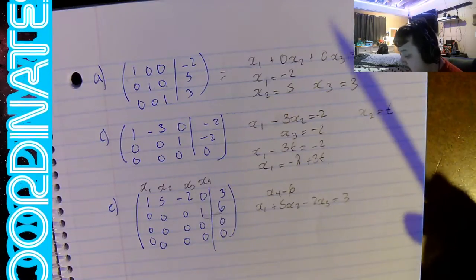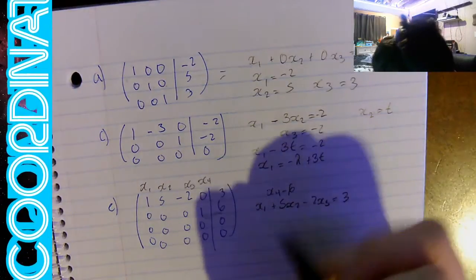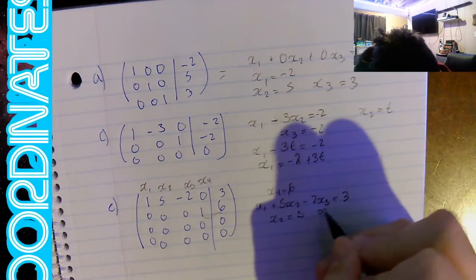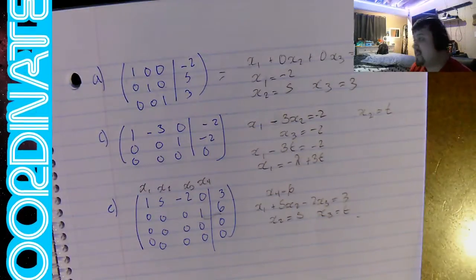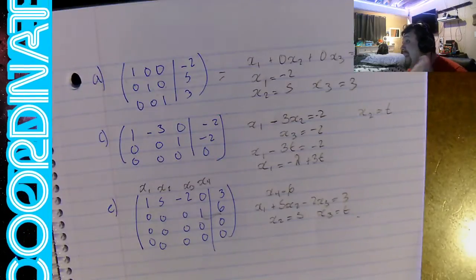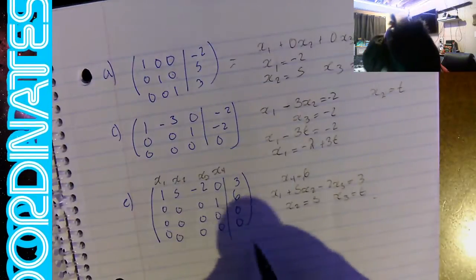Well, you know what you can do? Make x2 equal s and x3 equal t. We just add 2 parameters. We're going to give it 2 parameters.